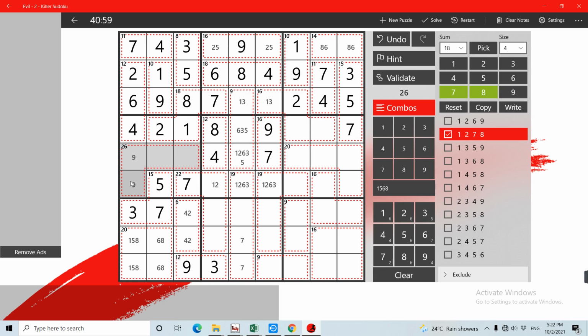So the remaining 4 numbers are 3, 6, 8, 9. These are the 3 numbers of this. I cannot have a 3, I cannot have an 8, I cannot have a 9, so this becomes a 6.